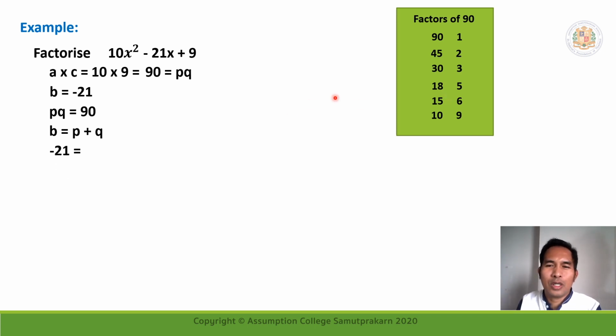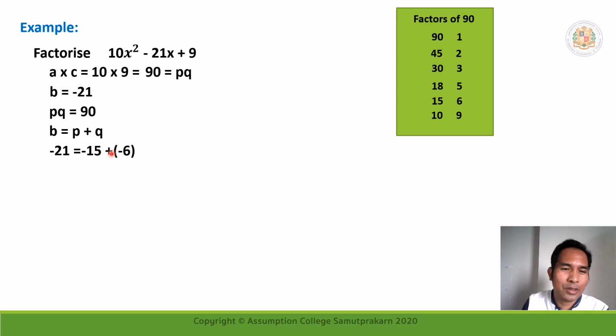So therefore, use negative 15 plus negative 6. We have the bracket here, so we can change this to negative 15 minus 6. This is b, which is bx. So negative 21x changes to negative 15x minus 6x.